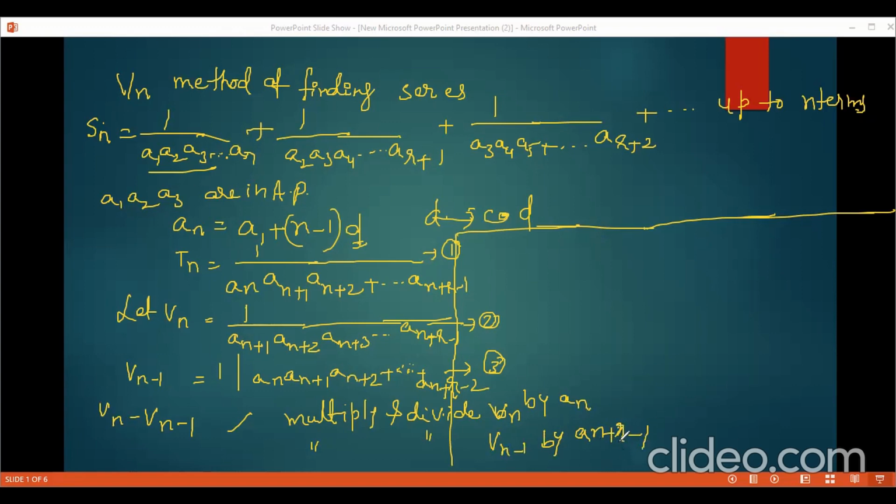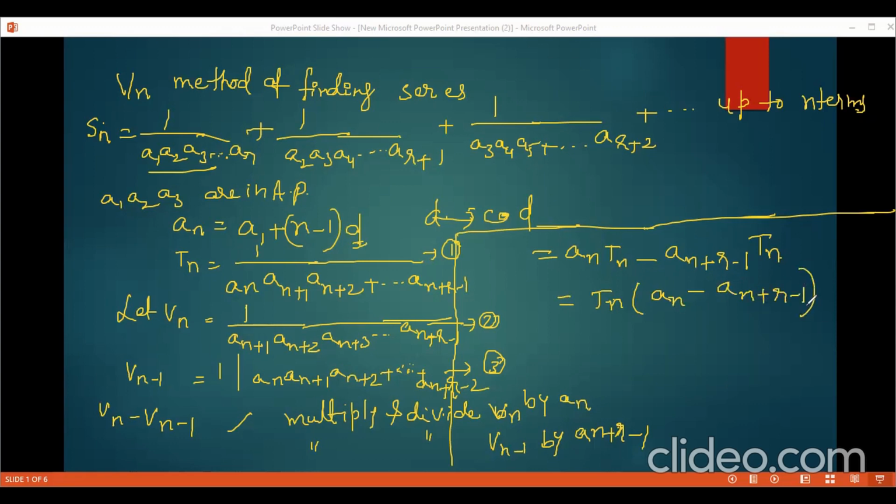If you do these two, you will finally get An into Tn minus An plus r minus 1 Tn. Tn is common, so you get An minus An plus r minus 1.